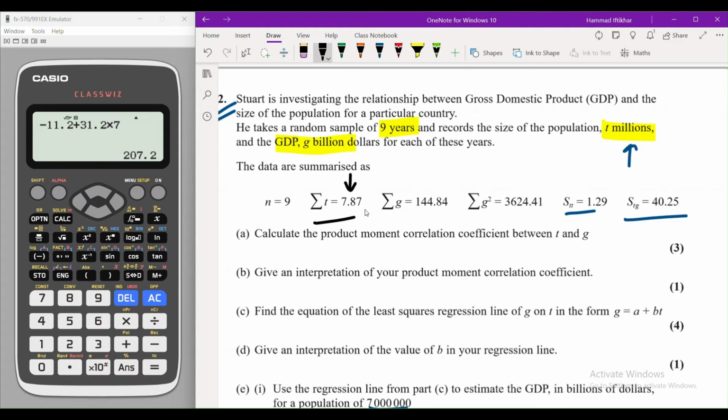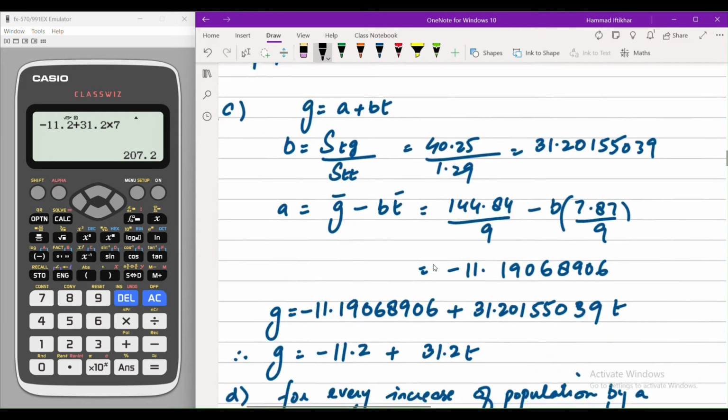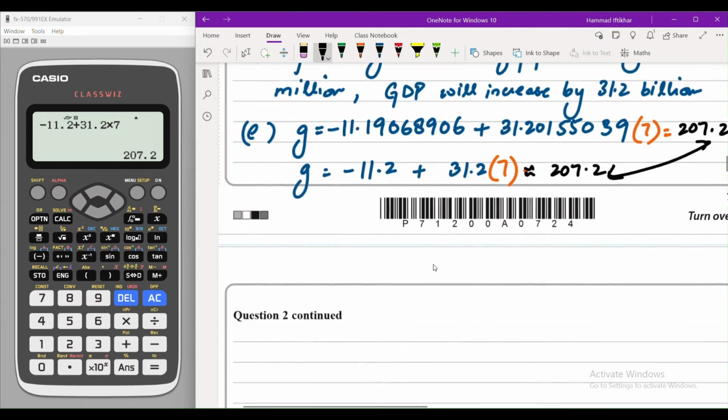So obviously this means that if this is a sum of 9 years, the population, even in the ninth year, is nowhere near 7 million. Okay, so that's extrapolation.